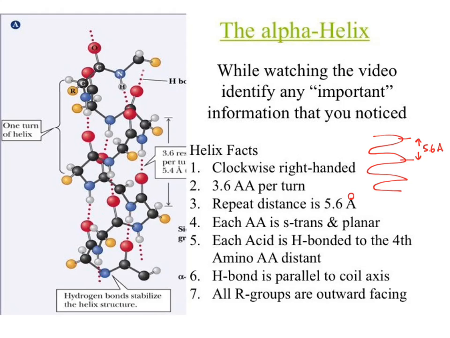Is there some place in a cell that is not hydrophilic? In the membrane. So if we notice that all the R groups are hydrophobic, we could predict that that portion of the protein would be found buried inside itself, away from water, or it could be found in a membrane. Because in the membrane, we're looking at a very hydrophobic interaction anyway.